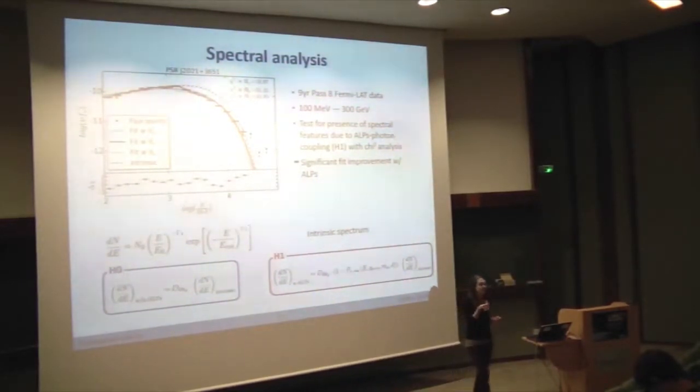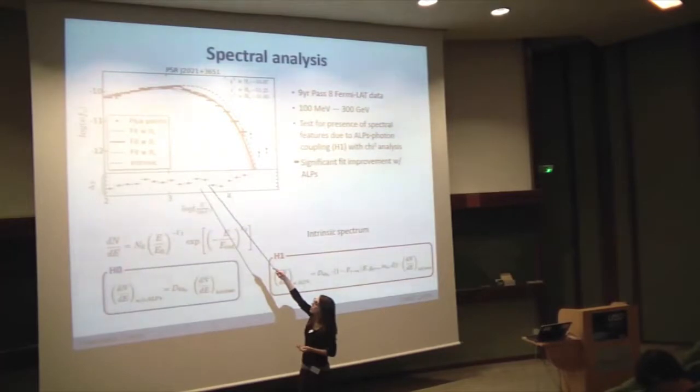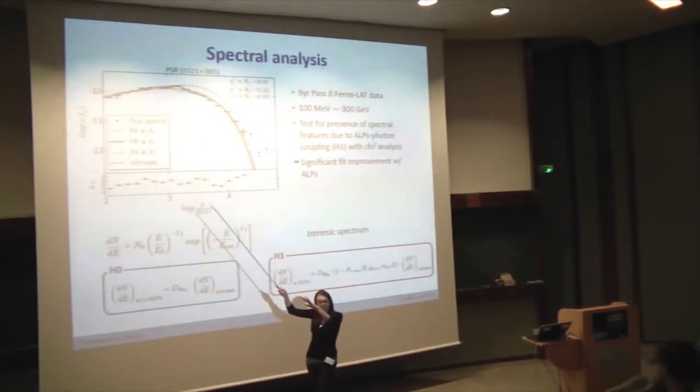Then you compute the chi-square, you have two degrees of freedom more. So, physics-wise, the fit with the ALP is H1. Just to be clear, H0 is the null hypothesis, so without ALPs. H1 is with ALPs only for this source.